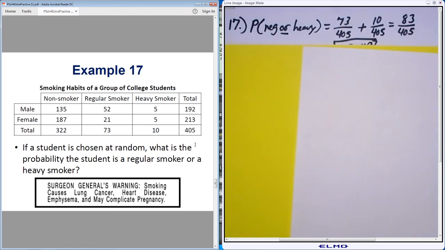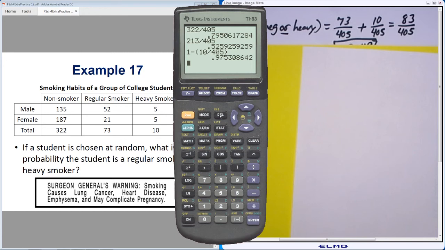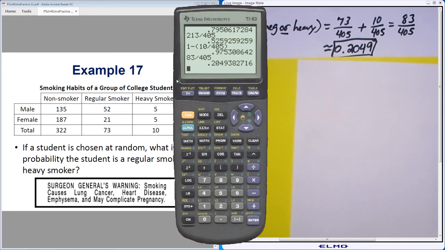I'll add that to the probability of being a heavy smoker. There are 10 out of 405 of those. Now, you can't be a regular smoker and a heavy smoker at the same time, so I didn't have to subtract anything. I add those together to get 83 out of 405, and put that in my calculator to convert to a decimal. 0.2049.